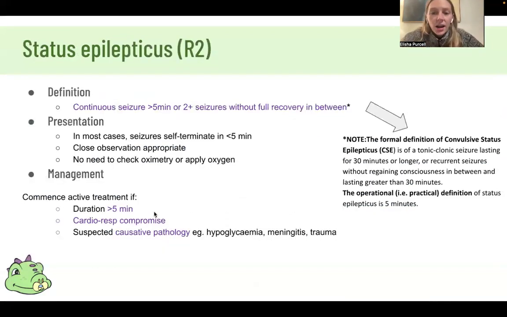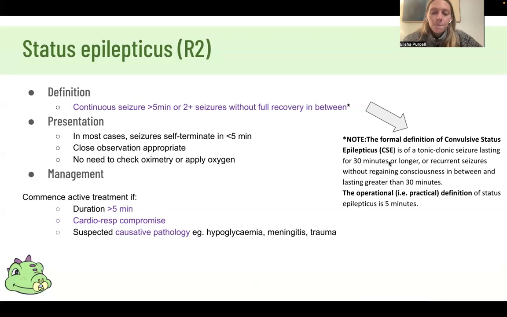So the next condition is status epilepticus. What is it? It's a continuous seizure of greater than 5 minutes or 2 seizures without full recovery in between. I've asterisked that because that is the practical definition written here. But it is good to be aware that the formal definition of status epilepticus is actually different.